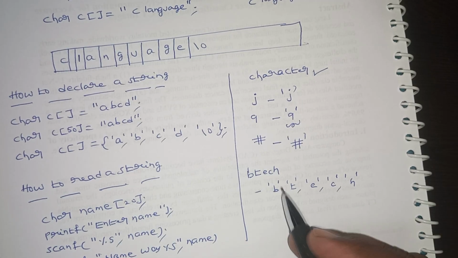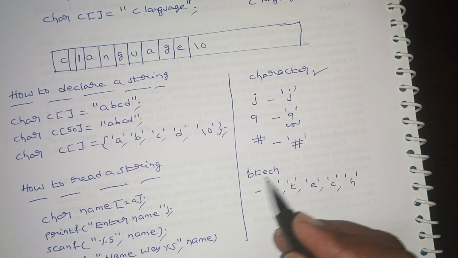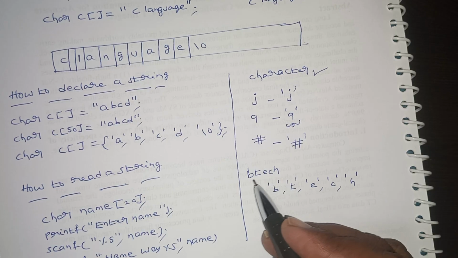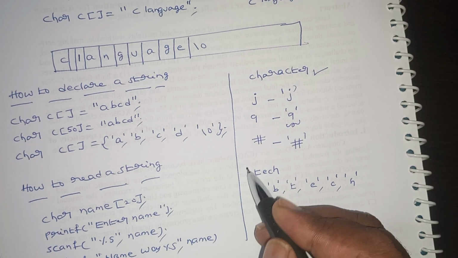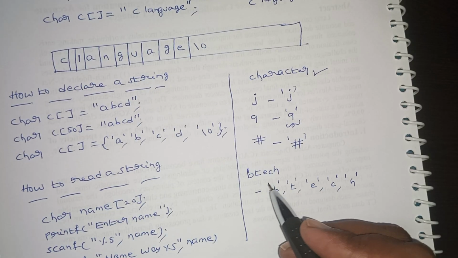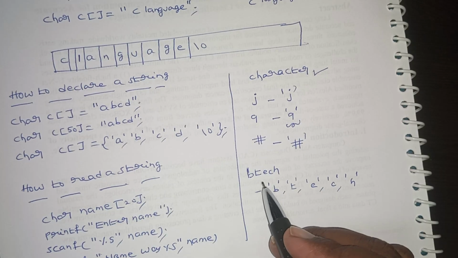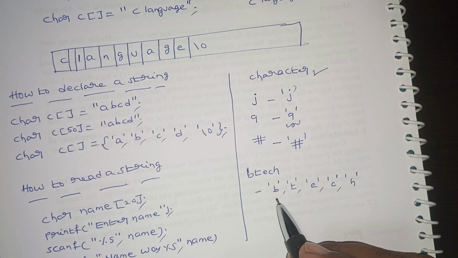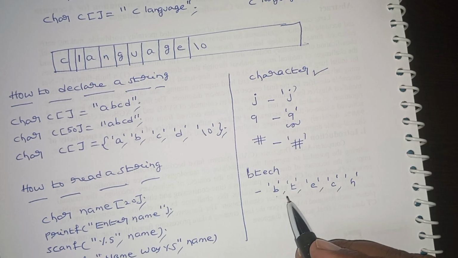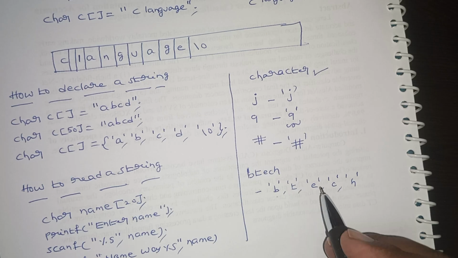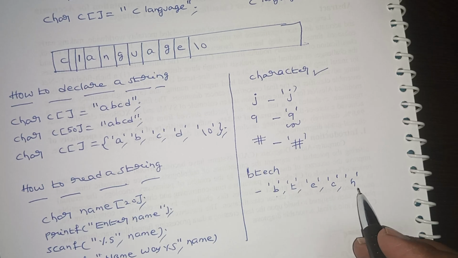Now what is B? Generally you think it is a variable or identifier, where you give whatever name for the variable that you know. But I am representing this in the form of characters: B in single quotes, comma, T in single quotes, E, C, H in single quotes.